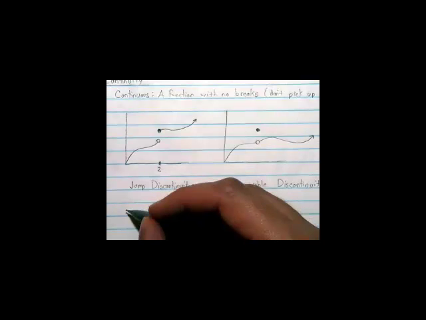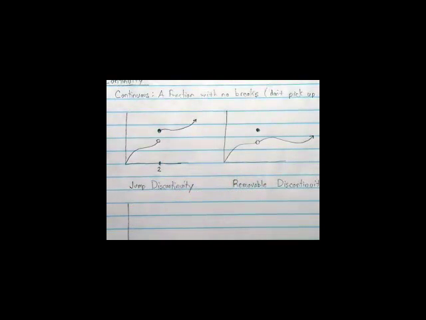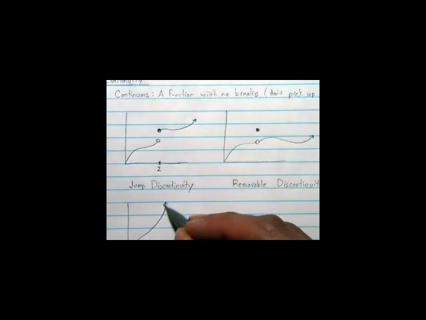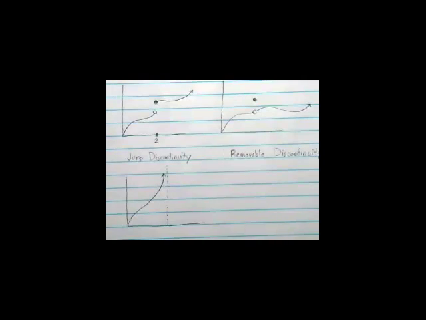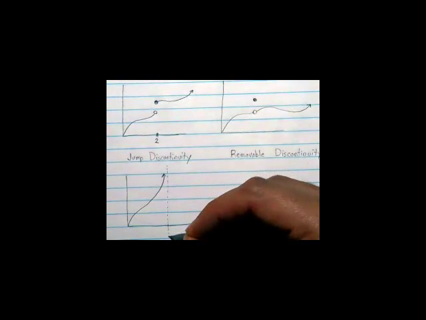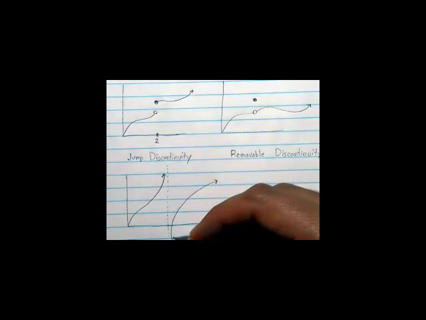And then there's the kind that you guys have studied in the past. It's called an infinite discontinuity, but you know it by a different name. You know it by a vertical asymptote. So we had something kind of like this where it has an asymptote that it's approaching, and then maybe it starts up again on the other side of the asymptote and keeps going.